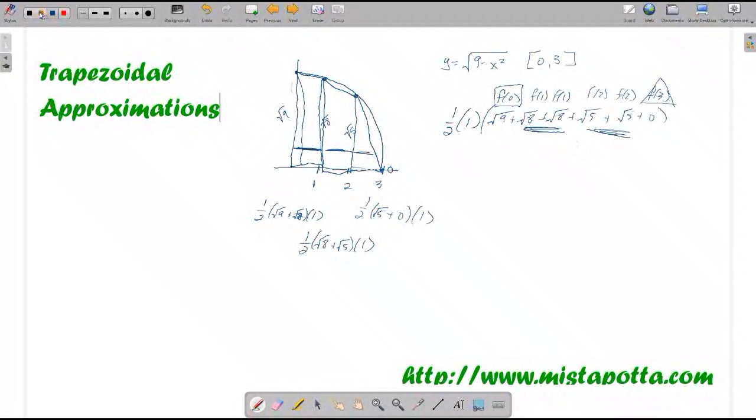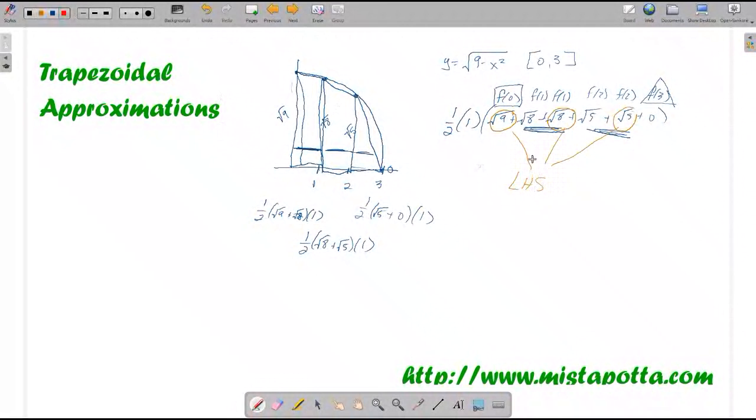But another thing I wanted to bring to your attention is that when I look at these terms here, that's f of 0, f of 1, and f of 2. That really is my left-hand Riemann sum.